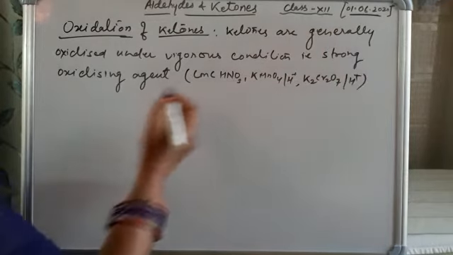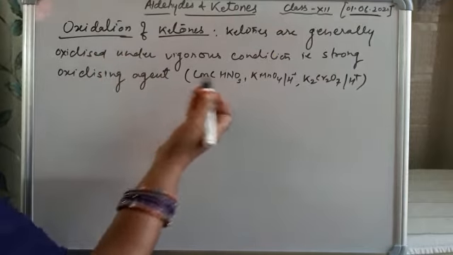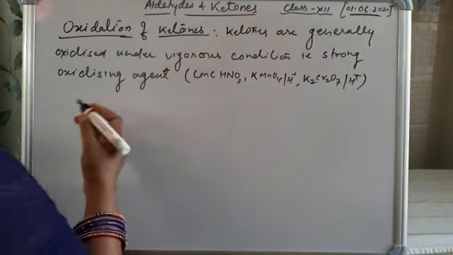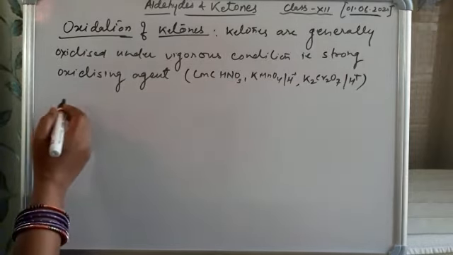These are strong oxidizing agents. So oxidation of ketones requires a strong oxidizing agent. They do not get oxidized with mild oxidizing agents.